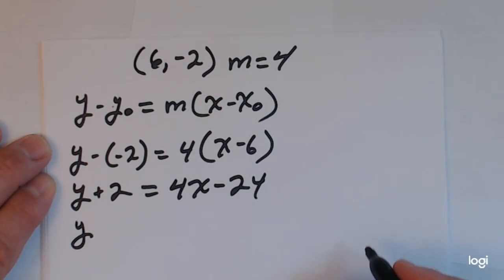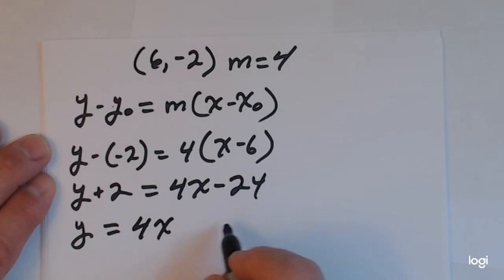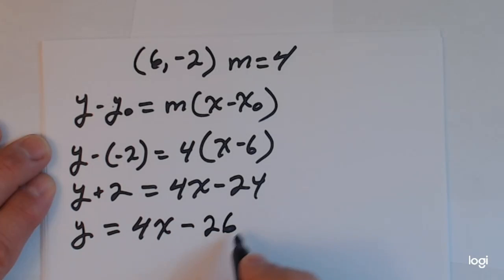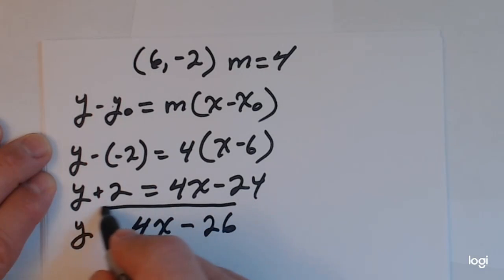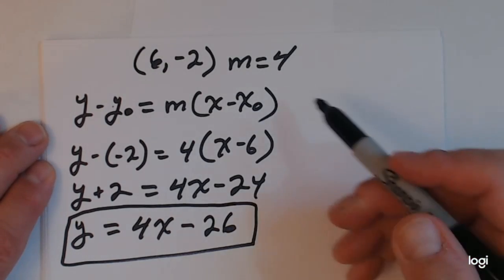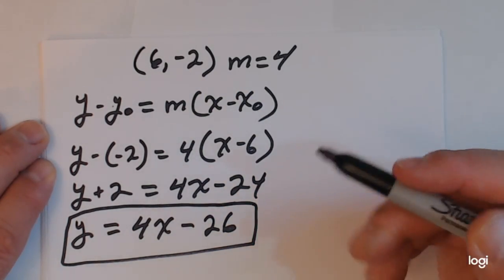So now we're going to subtract 2 from each side. Y is equal to 4x. We have minus 24 minus 2 is minus 26. So there's the equation of the line that goes through the point 6, negative 2, and has a slope of 4.